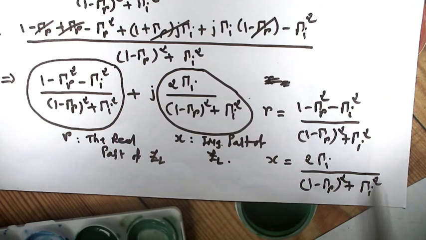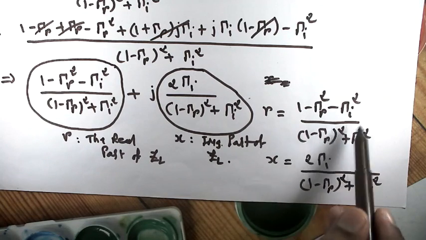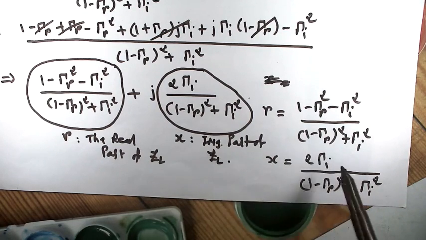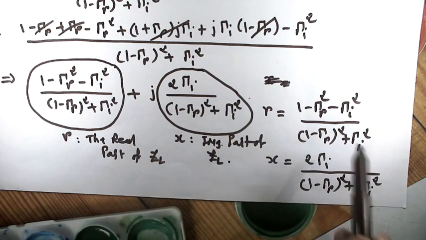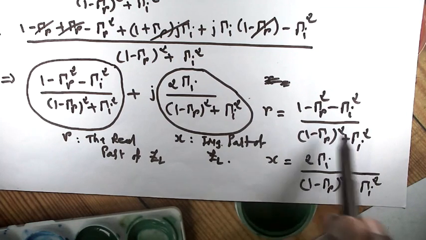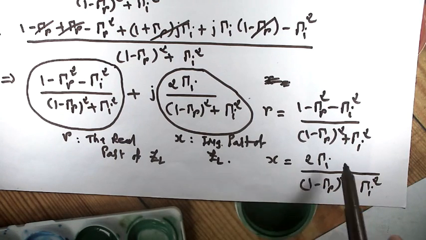So once again we have to restructure this expression in such a way that it looks like a circle equation. So let us once again rewrite this expression of r and x in such a way that it looks like a circle equation.